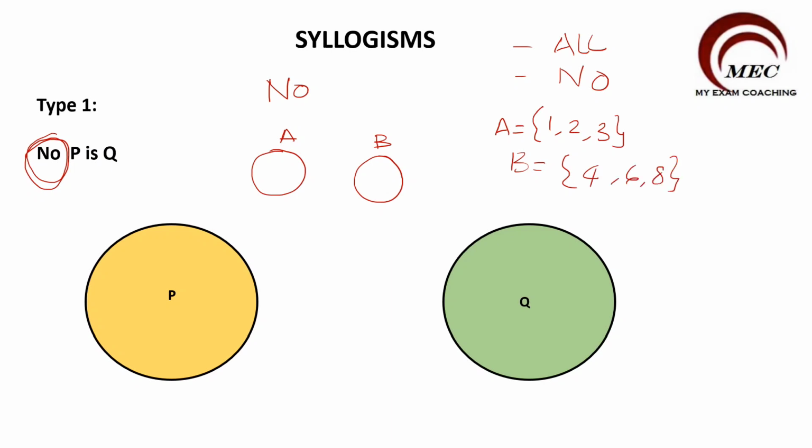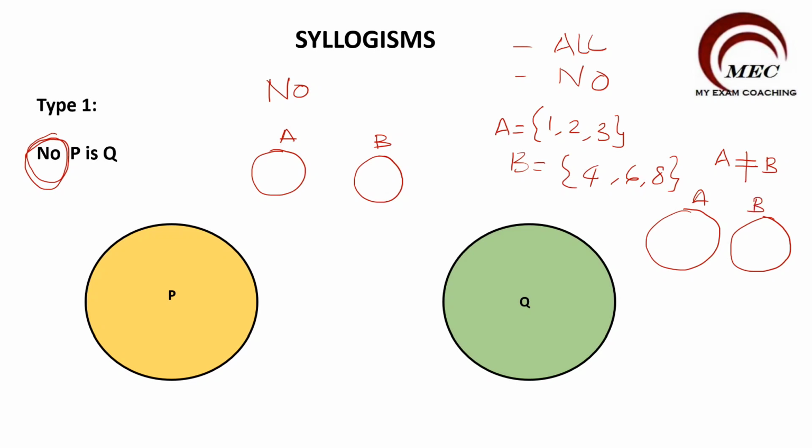So are A and B equal? No, none of the members of A are included in B and none of the members of B are included in A. So A is not equal to B. So I have to write A is separate and B is separate. So A and B are different.